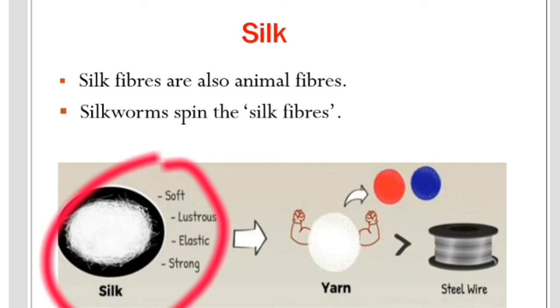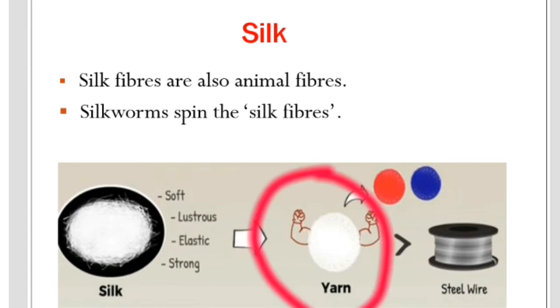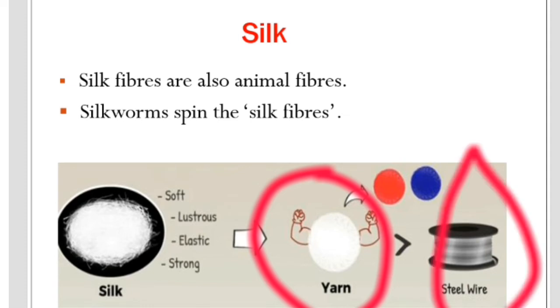Okay. And silk fibers are used for weaving silk cloth. The soft silk yarn is as strong as the comparable thread of steel wire. Okay.